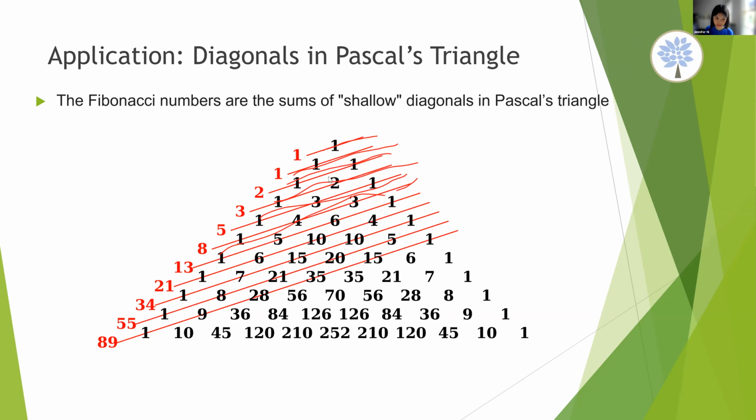Sums from each of the shallow diagonals progress following the order of the Fibonacci sequence. I'm not going to go over the proof in this workshop, but you could look at it and get some sense of why it works, and also learn it after if you would like.